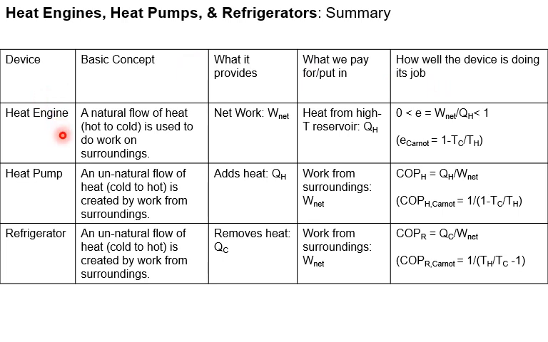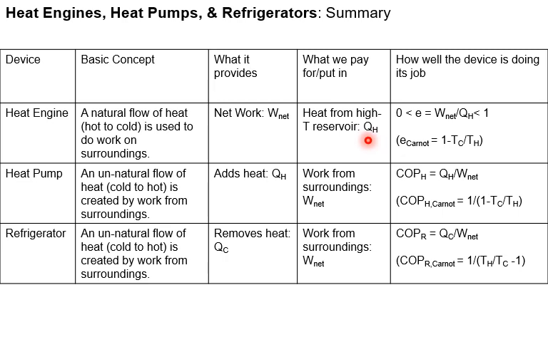So a heat engine, this is just going to be a natural flow of heat, and that's going to be used to do work on surroundings. So what does this provide? The heat engine provides work. So what are we putting in? How do we pay for this work? We pay for it with heat flow from the high temperature reservoir. That's how we pay for it.